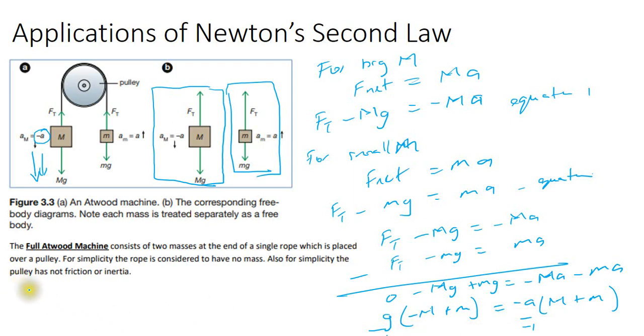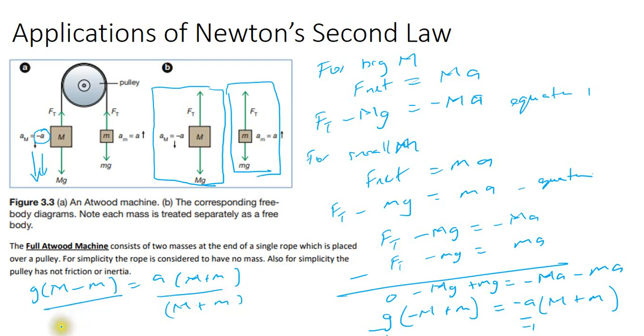What you would have is G times big M minus small m, equal to a times big M plus small m. Then all I would need to do next is divide both sides by big M plus small m.